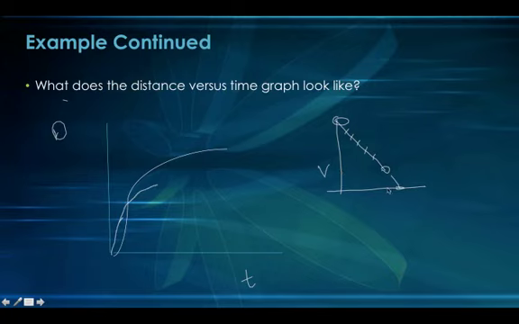Just because we have a negative slope does not mean we are moving to the left. We know that we're actually moving to the right because we're still above the time axis on our VT graph. All right, the hardest part about this is keeping everything straight. One thing on one graph means something different for the other graph.